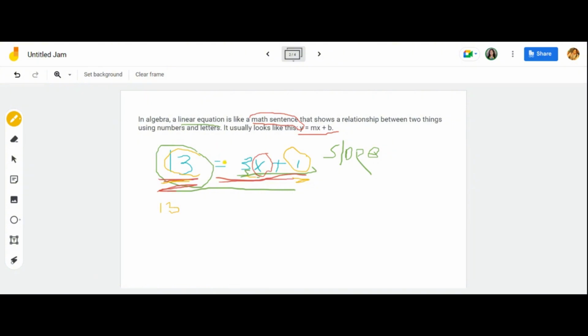Let's say that this equal sign divides our equation. So we have the left side and the right side. Our 1 is on the right side and 13 is on the left side. If we want to combine them together, we need to move either of these numbers to the other side. So let's say we put 1 on the left side together with 13.